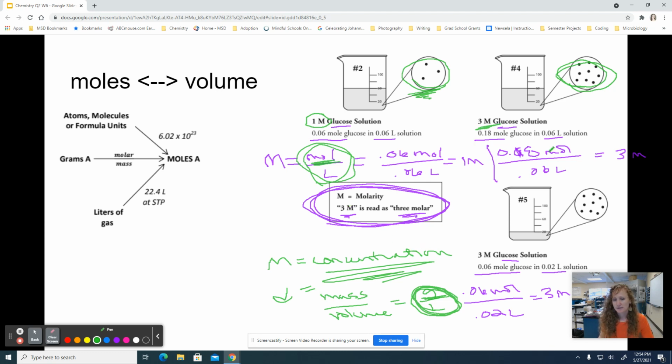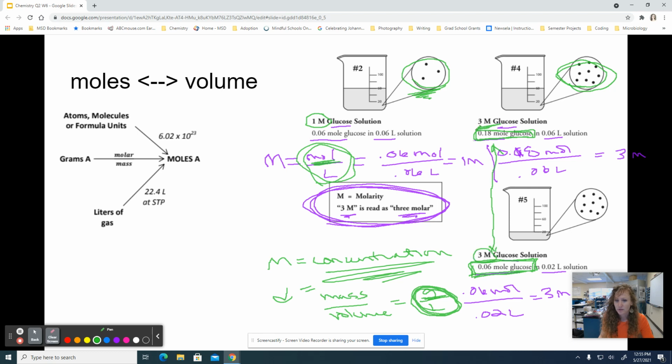Another thing to notice, the amount that you dissolve by itself does not determine the molarity. Notice in solution number 4, we're dissolving 0.18 moles of glucose. In solution number 5, we are dissolving a third of that, 0.06. Right? We're dissolving a lot less glucose in that 5th solution when we're comparing to the 4th solution, but the molarity comes out the same.